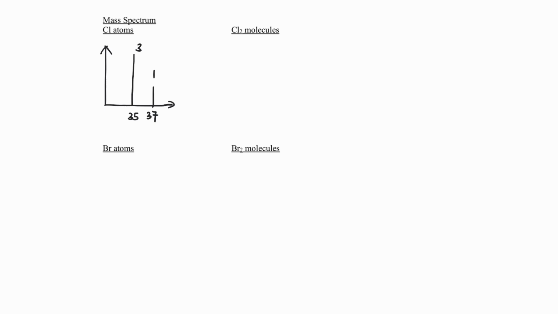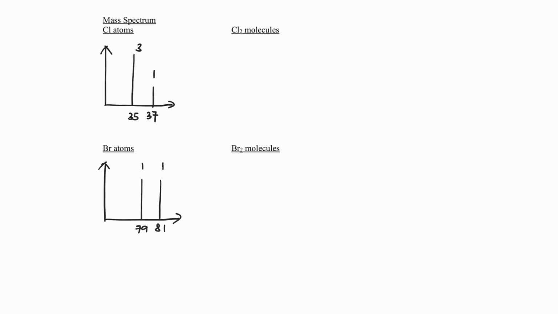It's the same thing for bromine atoms. We'll get two peaks at 79 and 81, so the ratio will be 1 to 1. So it shows in the heights of the peaks.